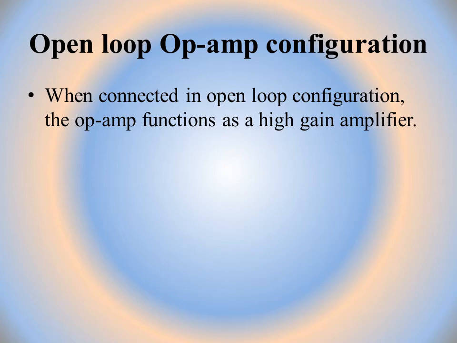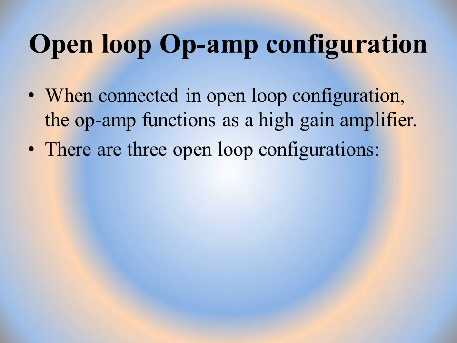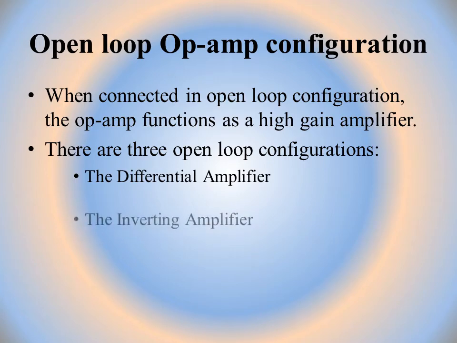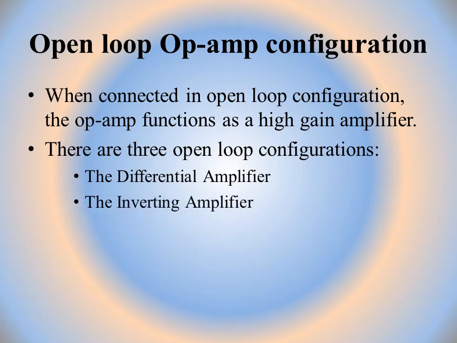So if we provide a very small voltage, the output will be very high, almost infinite. There are three open loop configurations. First is the differential amplifier, second is the inverting amplifier, and third is the non-inverting amplifier.